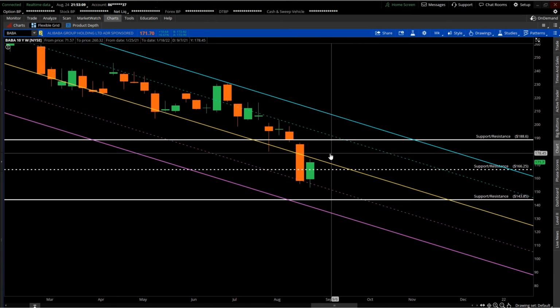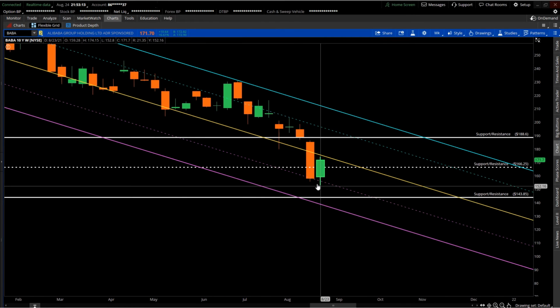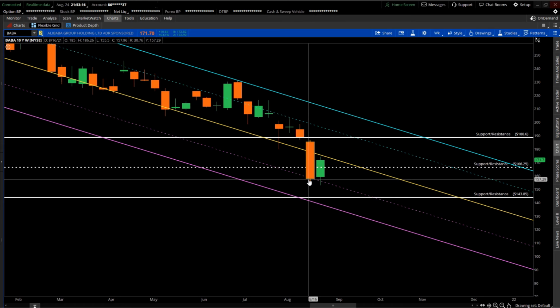So that's my outlook. Now, based on my rough estimate, if I'm using this bottom channel here, because this closed lower than this candlestick, right?